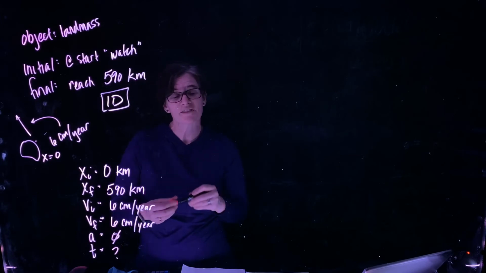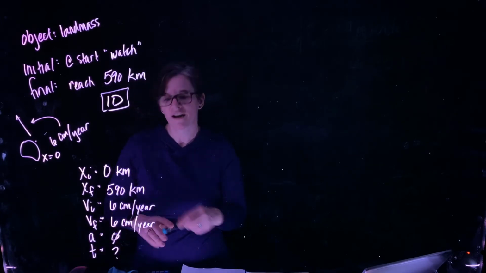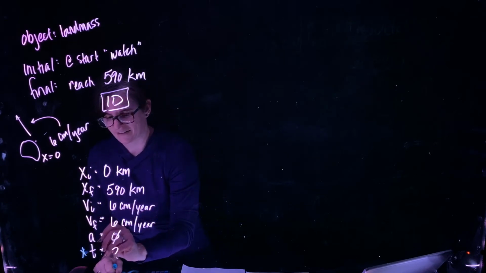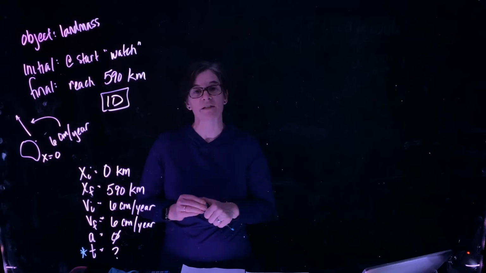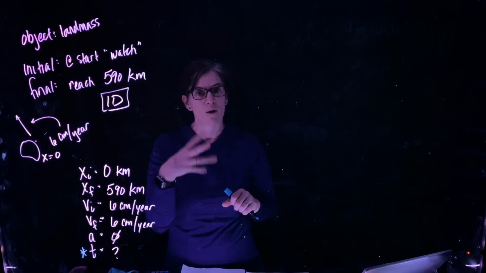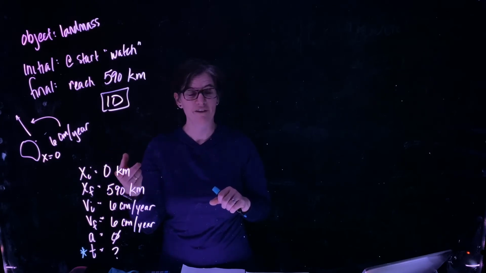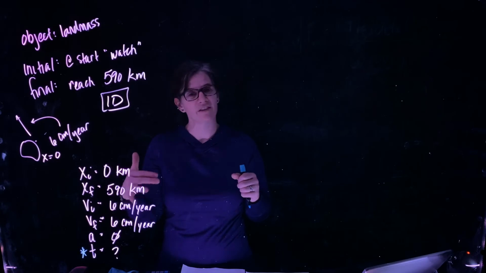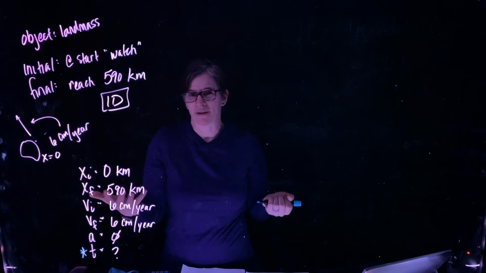So what's going to answer the question of how long it's going to take? Well, that's our time variable. So we need to look for an equation in our kinematics relationships that utilizes time, and there's 2 of them. One utilizes initial and final position, which I have, and one utilizes initial and final velocity, which I also have. But that one really doesn't mean anything unless I'm accelerating, and I'm not.